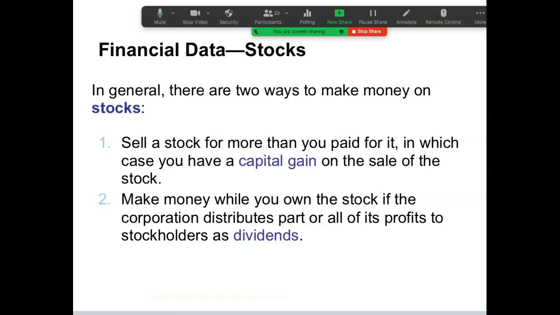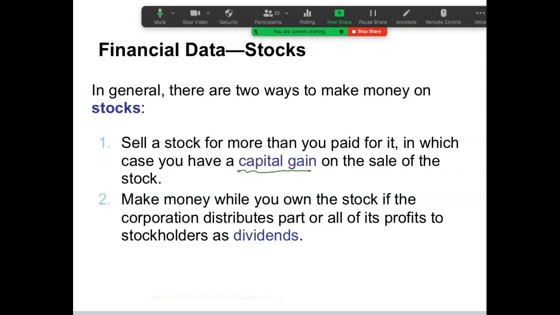You've made what's called a capital gain on the sale of that stock. Buy low, sell high. That's the principle, right? Hey, I bought this stock for $1 a share. Now it's at $100 a share. I'm going to sell my stock and make a profit of $99 a share. Awesome. We call those capital gains.